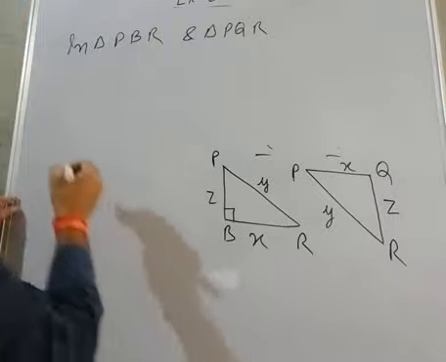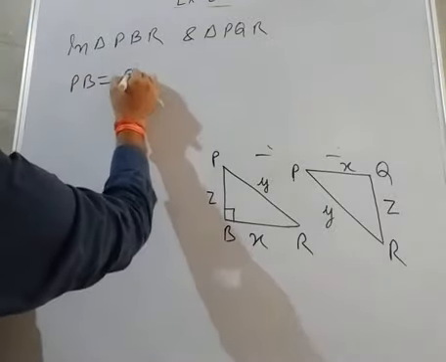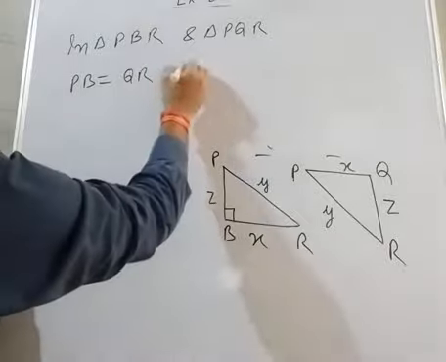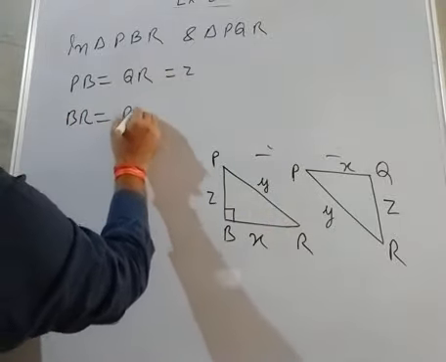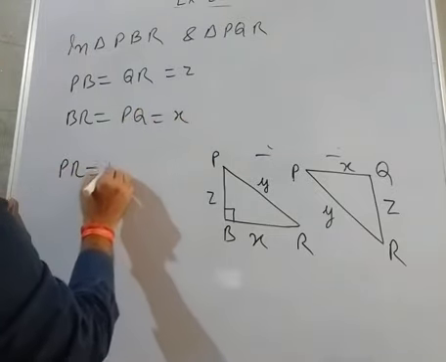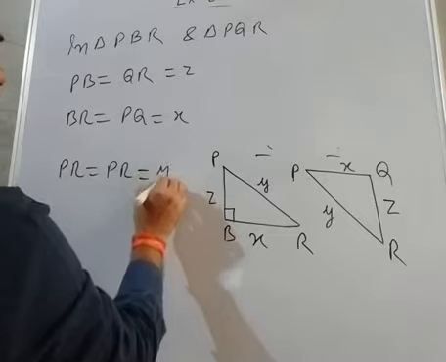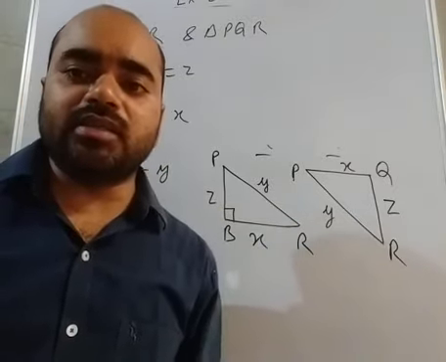Which one side? See, PB is equal to QR, Z, BR is equal to PQ, that is X, and PR is equal to PR, that is Y. It means both triangles are congruent by the criteria SSS.